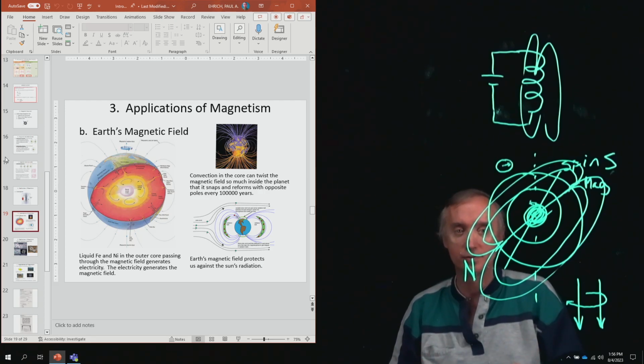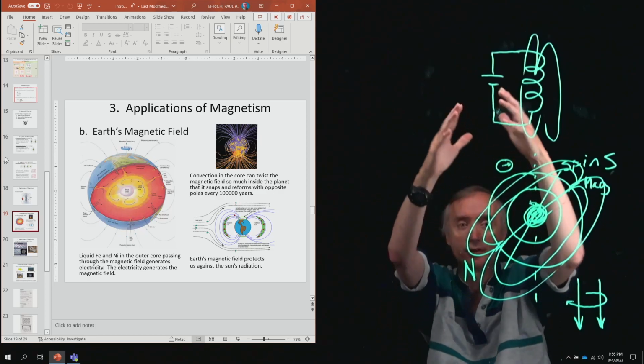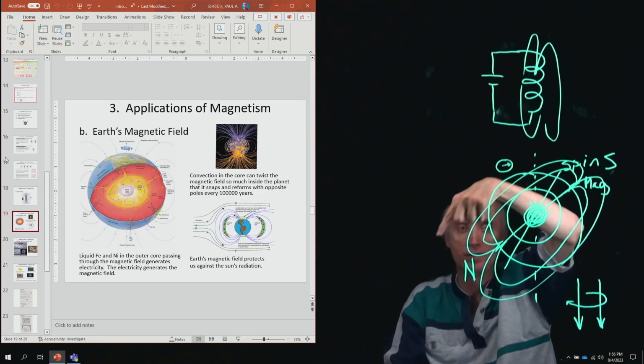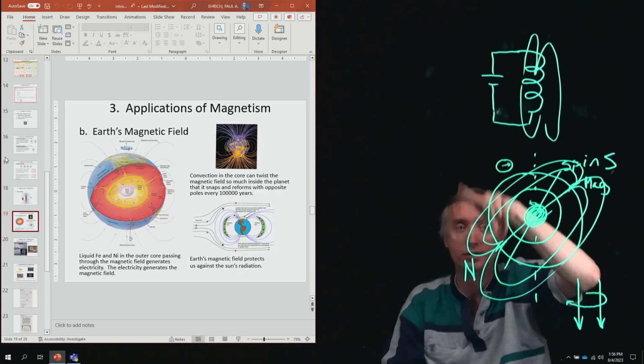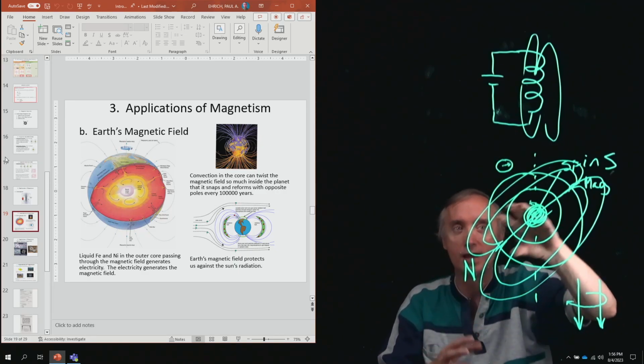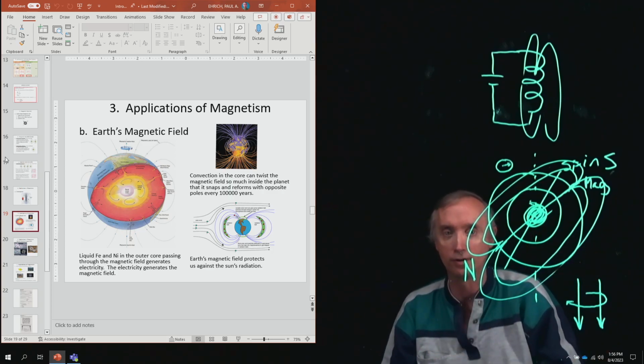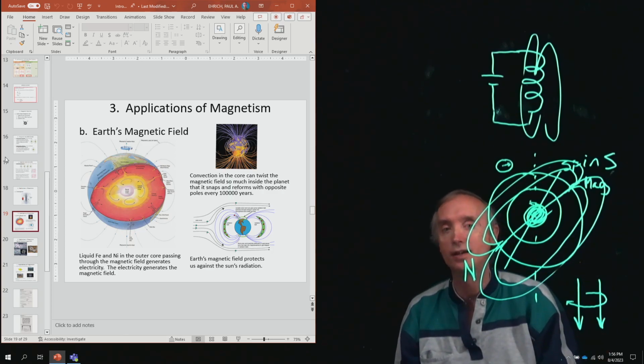Heat rises, and as heat inside the Earth rises, it carries material up with it. So it's kind of like trying to go around and around and at the same time go up and down. So the magnetic field gets really, really tangled inside the Earth. And eventually it gets so tangled it snaps.